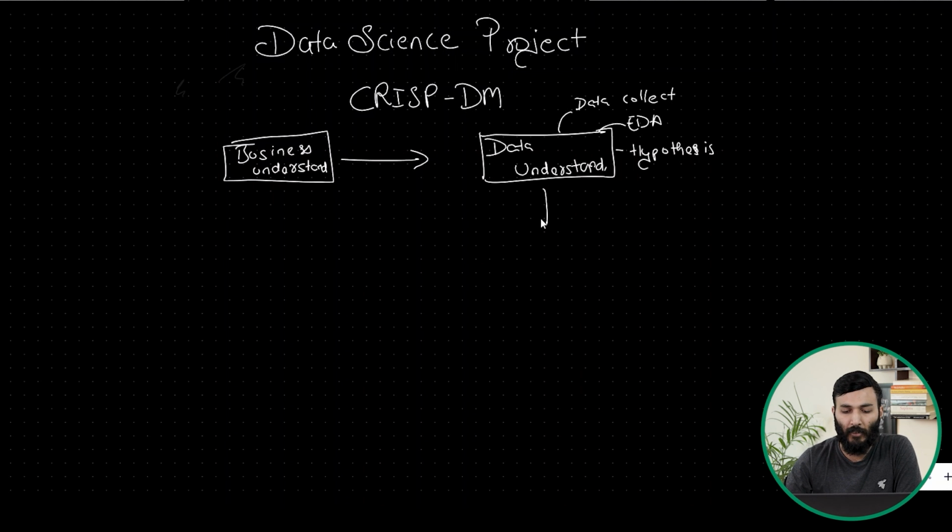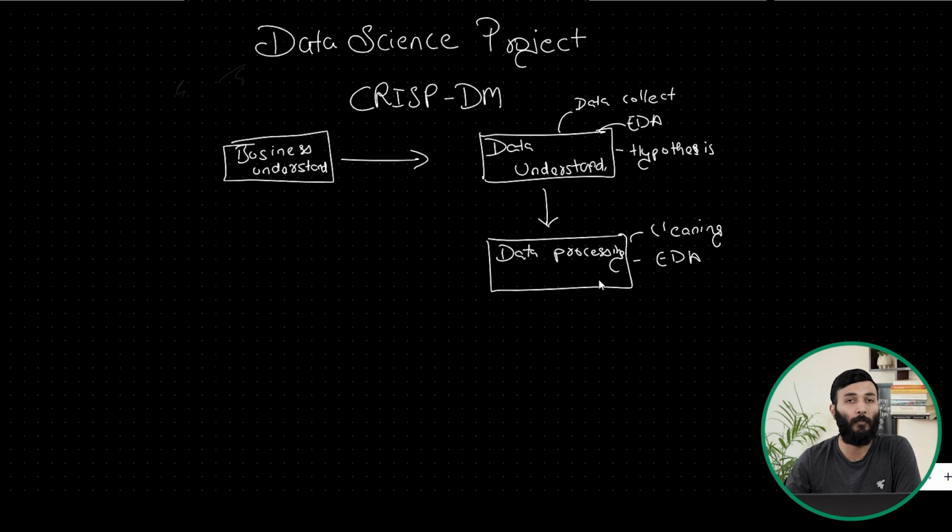Then after performing data understanding, we move to the next step, which is data processing. Data processing includes cleaning of data. It includes EDA again, to see how good the data is after performing the cleaning.